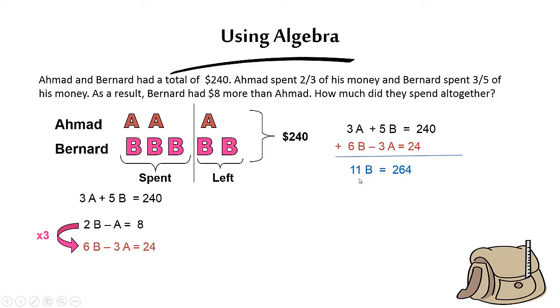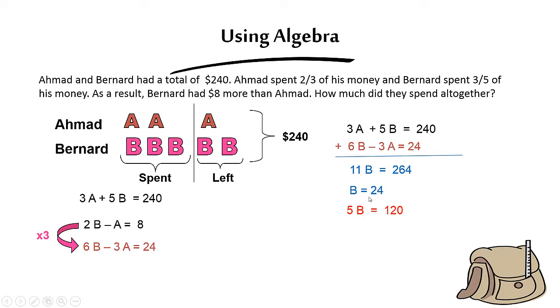So the 11B will give me 264. So 1B, but we don't write 1, we just write B. So B will be 264 divided by 11, which is 24. Now I have found the value of B. I will need to find the value of A. So how do I do that? I find Bernard's total first, which is 5B.